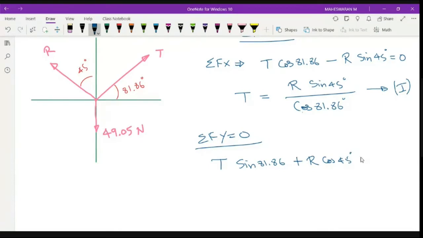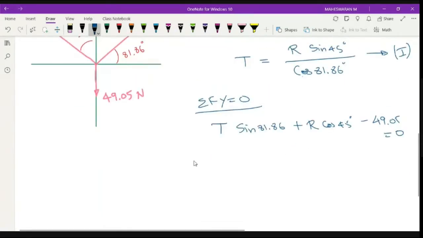This one is minus 49.05. This is equal to 0. Which means I will get a relation: T sine 81.86 plus R cos 45 is equal to 49.05. This is my equation 2.